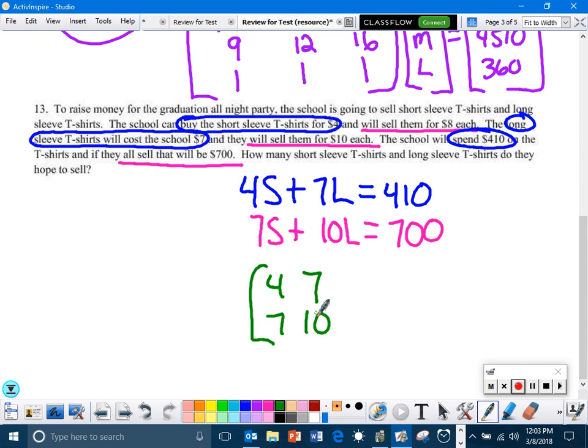Hold on, I think I messed up. I think that this is supposed to be an 8. My apologies. Okay, so I fixed that. That's an 8. All right, here we go. Continuing.